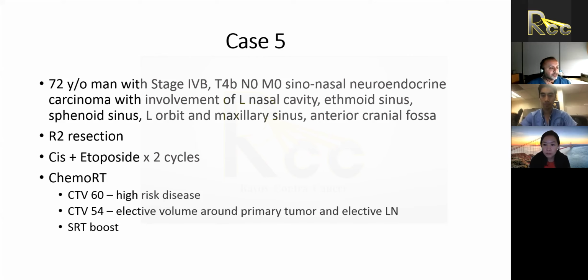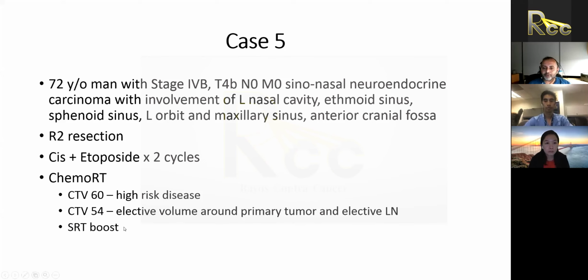Unfortunately, when you're treating sinonasal patients, you can't control for that day-to-day sinonasal content, right? Because these patients will develop tremendous sinusitis during therapy with sinus filling. And that day-to-day variation in sinus filling can really impact proton dosimetry, which is why I'm not a huge fan of protons in this situation.